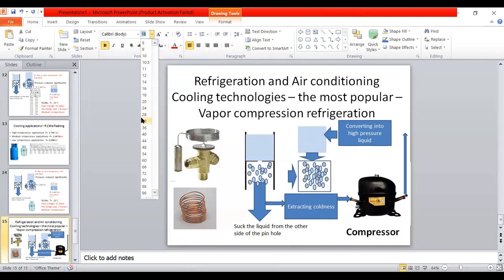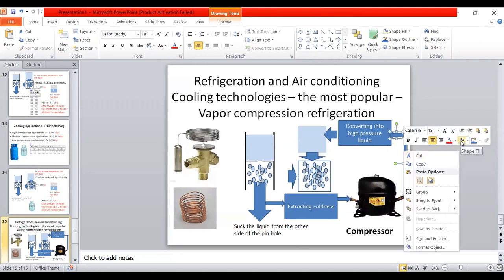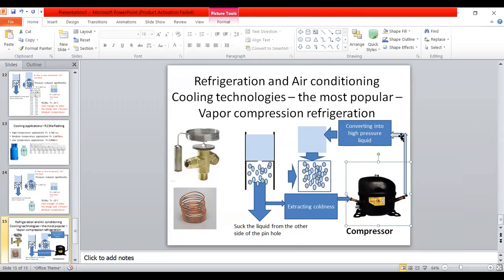I'm going to teach you all afterward. So this is the high pressure, high temperature line here. Let's see further.